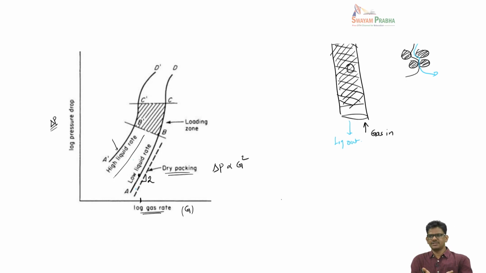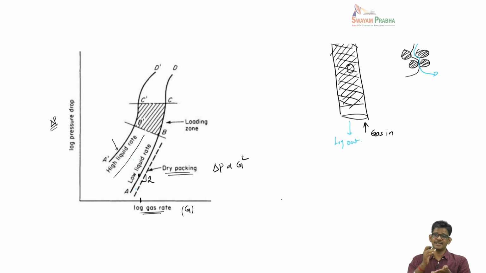When the gas flow rate increases higher and higher, it will try to resist the downward flow of liquid. It will try to balance the gravitational force acting on the liquid. The liquid is only coming down because of gravitational force, but if the incoming gas is flowing at such high speed, it can actually support the liquid in the column and not allow it to come down.